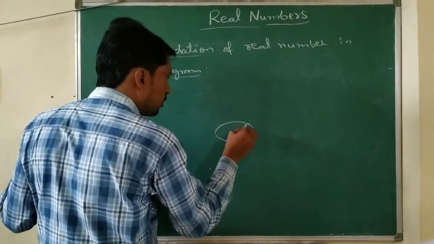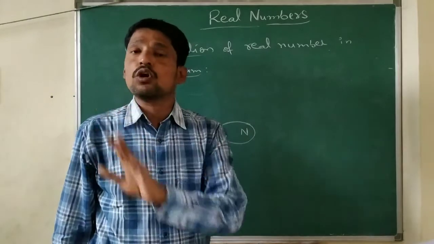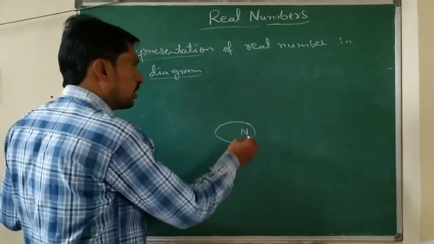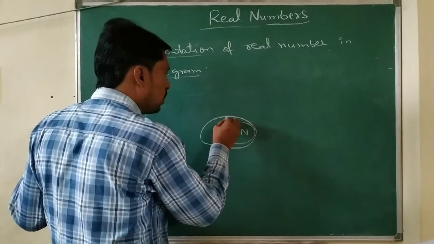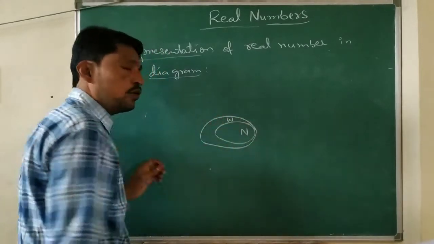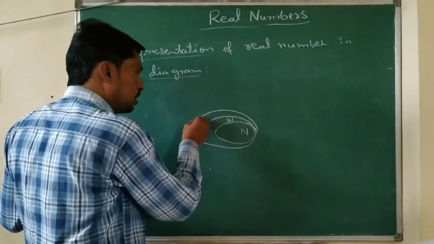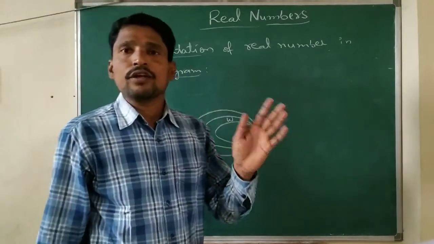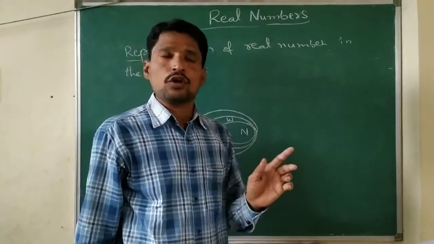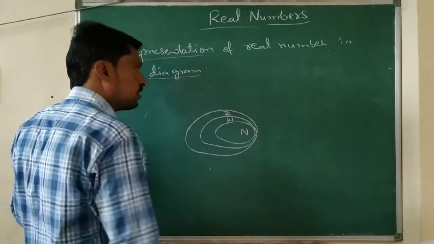This is the natural number set. We know 1, 2, 3 and so on are called natural numbers. Now we include 0 with the natural numbers, that gives whole numbers, so W is the whole numbers. Next one is integers. What are integers? Positive values and negative values including 0 are called integers. We denote that as Z.